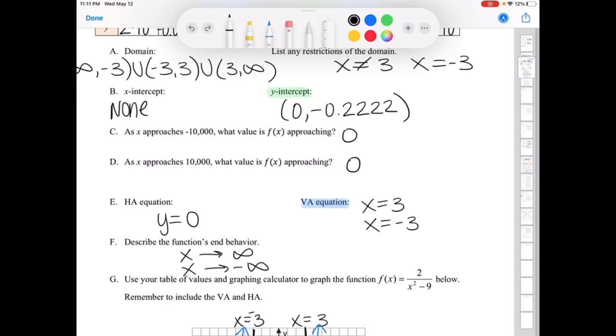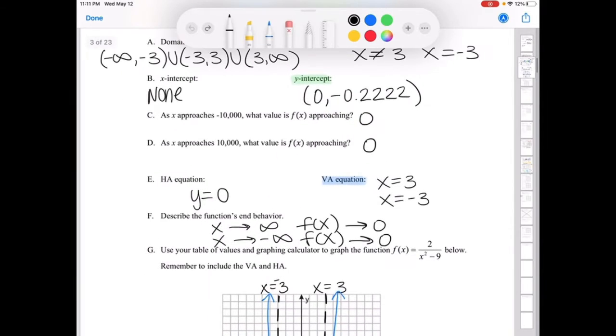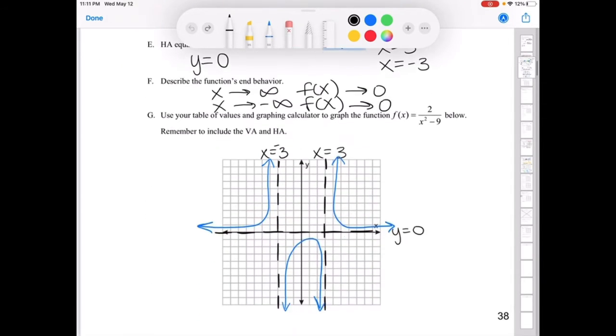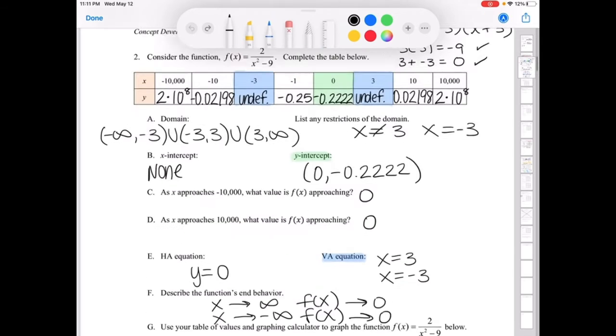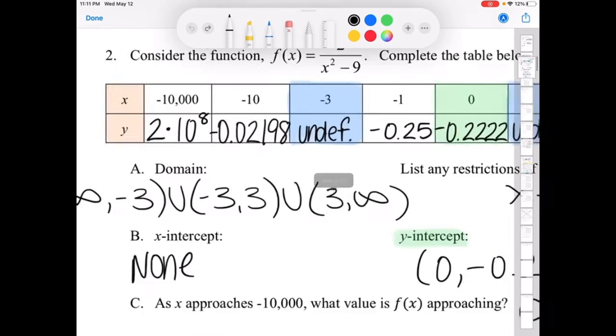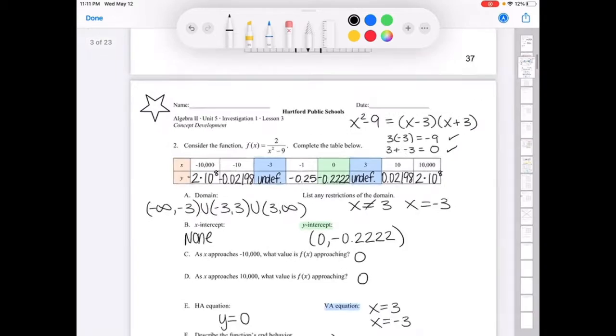Well, it's going towards 0 in either direction, which makes sense with our asymptote y is equal to 0. Here I did a little rough sketch of the graph, but again, you also have Desmos, so you don't have to do it by hand. And actually up here, this should be a negative value.